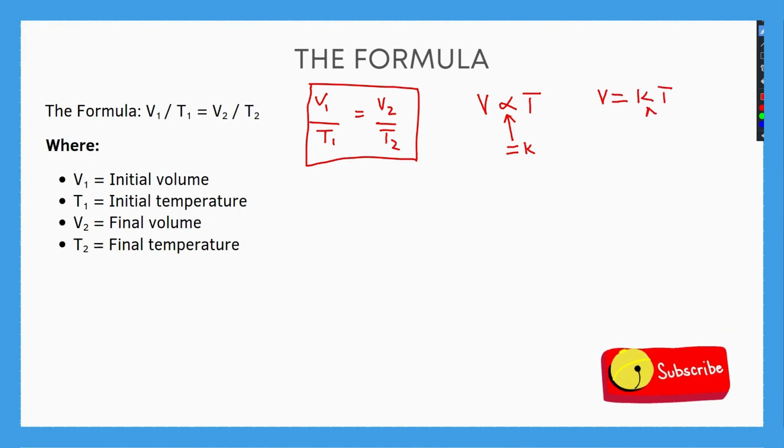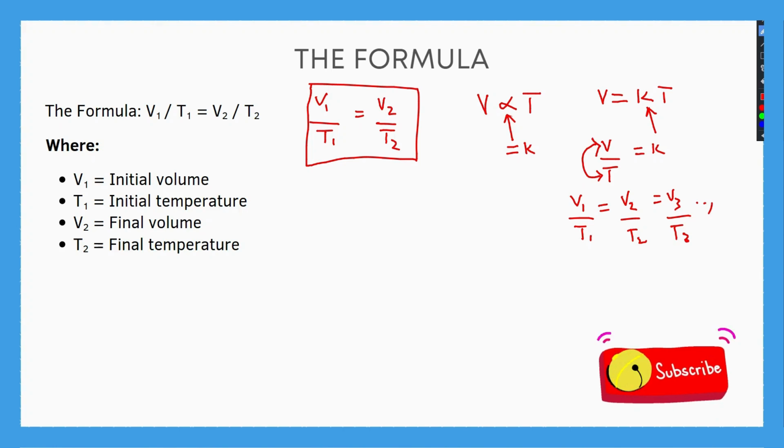Now, if we want to make K the subject of the formula, it becomes V over T is equal to K. This means that the value of volume divided by temperature will always be constant in Charles' law. So V1 over T1 is equal to V2 over T2, which will be equal to V3 over T3, and so on.